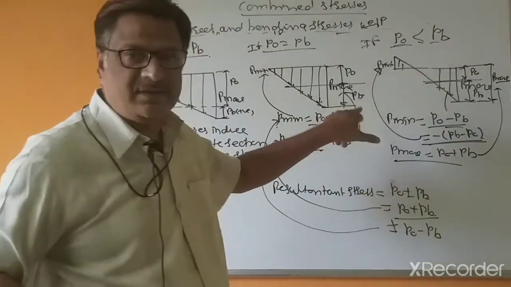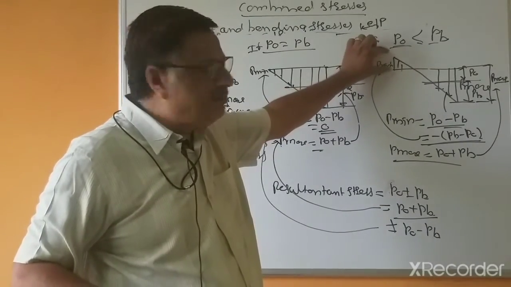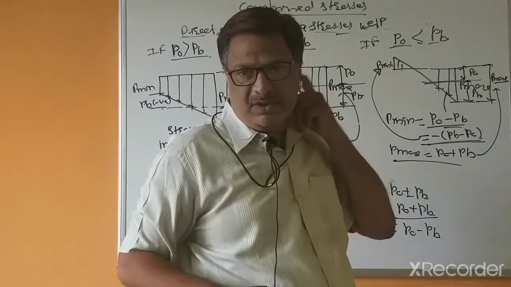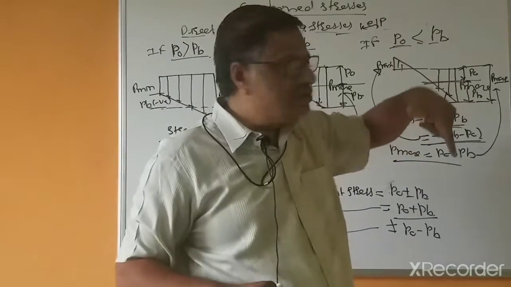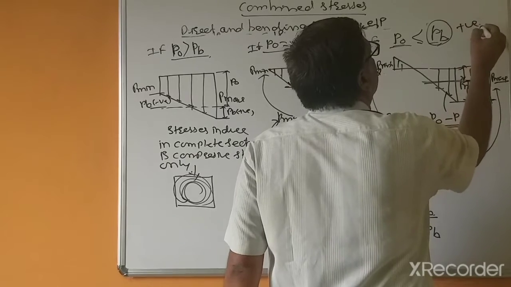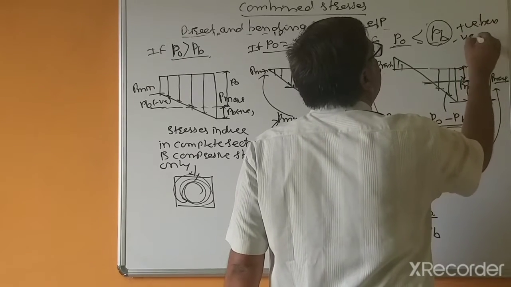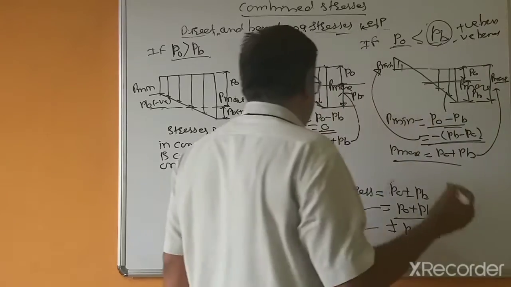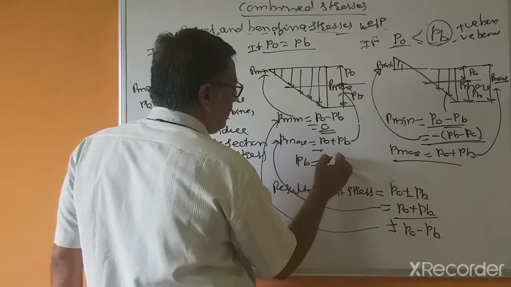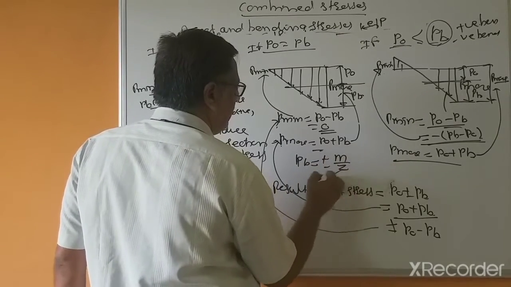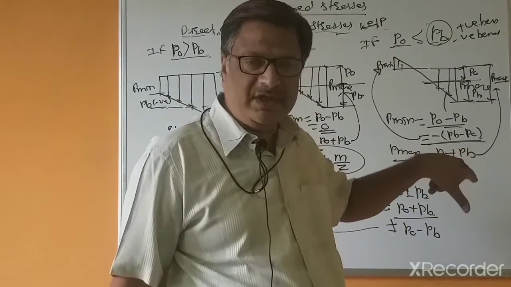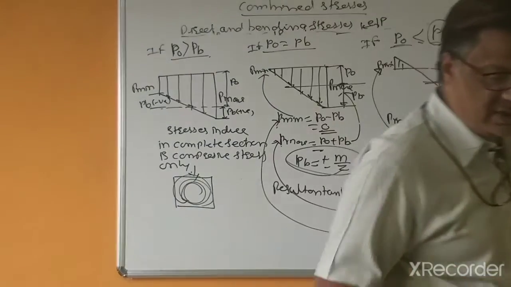Try to understand this. So why this is negative resultant stress, minimum stress, when the direct stress is less than? Direct stress means the nature of the stress is compressive. So because of that, and this bending stress, this is positive bending stress and negative bending stress having equality, means PB equal to plus minus M divided by Z. Because of the plus minus, one is the tensile bending stress and another is the compressive bending stress.